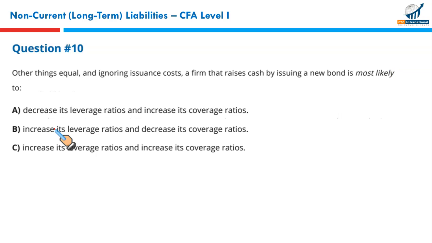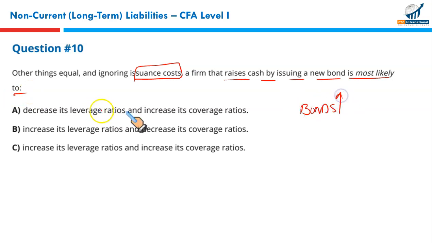Right, moving on. Other things equal and ignoring issuance cost, a firm that raises cash by issuing new bonds is most likely to what? First of all, when you issue bonds, how does it affect your leverage and your coverage ratio? We know leverage and we know coverage both.